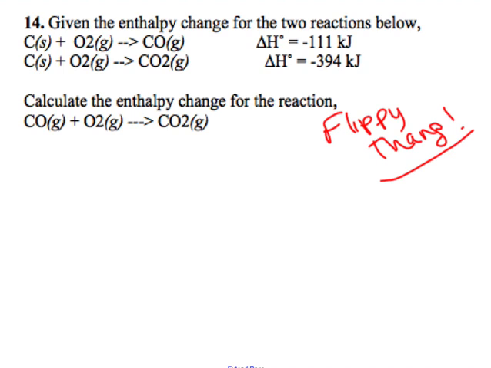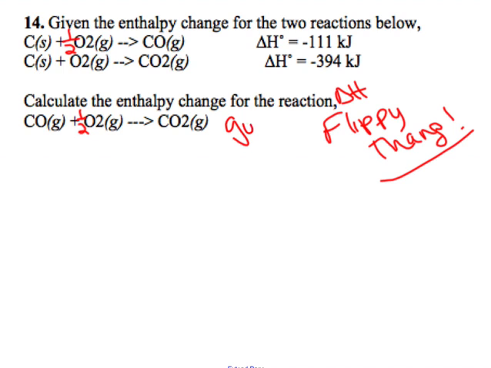So one thing I want to do, when I transferred over to Mac, I lost a lot of stuff, so this needs to be balanced. So I need to put a half here, and I also need to put a half here. My problem doesn't work if the stuff's not balanced. So in this problem, we are supposed to find the delta H for this reaction.